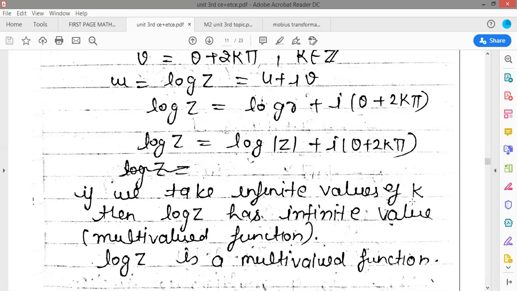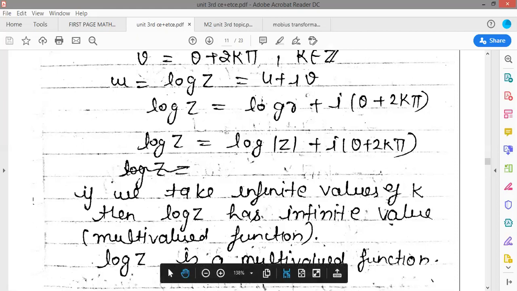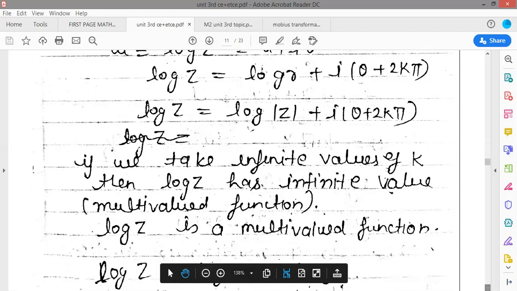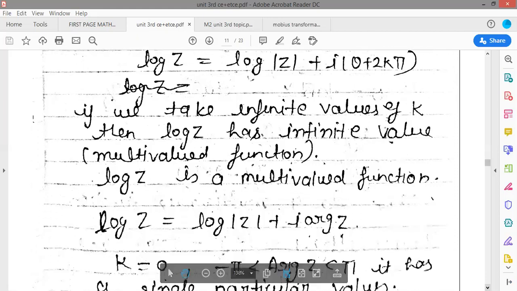So if log z has infinite multiple values, then log z is a multi-valued function. Just remember this formula: w is equal to log z is equal to log mod z plus i theta plus 2k pi. So this is your modulus and argument value.